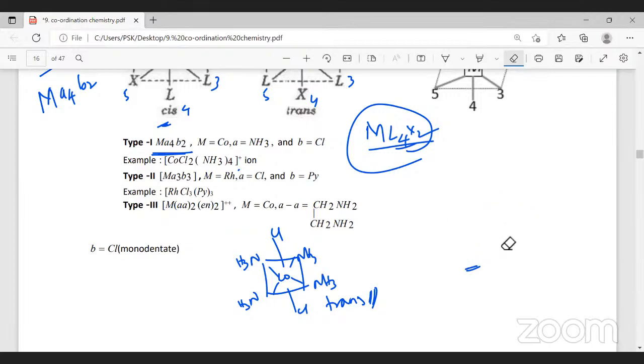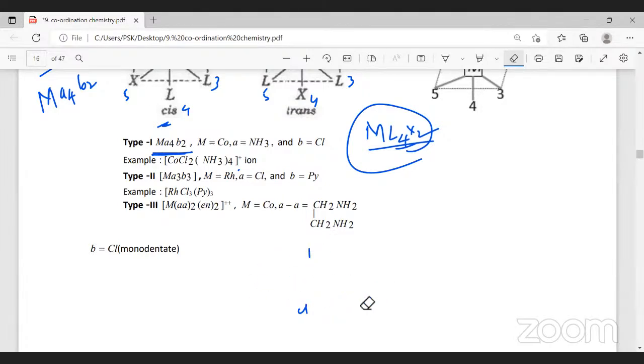The next type of isomerism we are learning is again cis-trans isomerism. In that, we are learning a different type, that is A3B3 type. A and B are ligands. So we have 3 A and we have 3 B. The metal is rhodium, A is chlorine and B is pyridine.